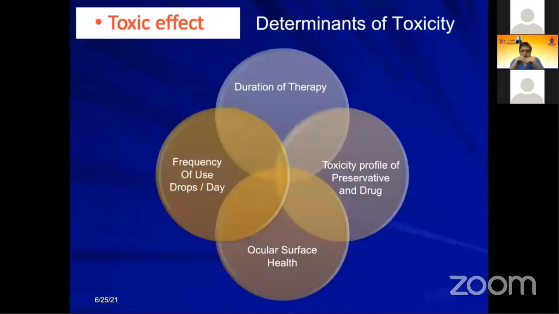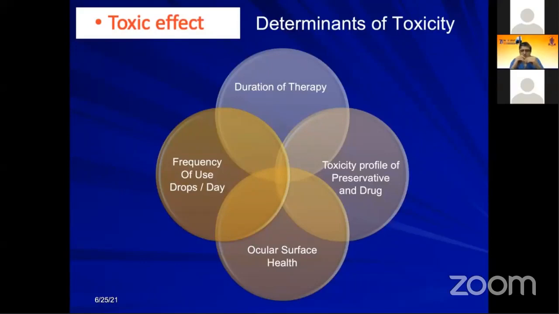As I alluded to earlier, patients who have normal ocular surface health can probably use several drops several times a day for a very long period of time without having any problems on the ocular surface. However, when we look at a surface which is not healthy, for example, a patient with dry eye, their surface is going to be much more sensitive to the use of any medication, and they often end up getting ocular toxicity, which might manifest with an increase in ocular surface staining.